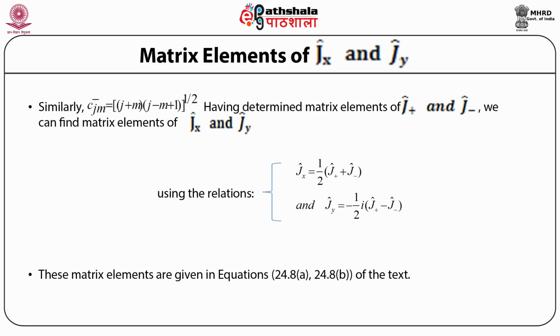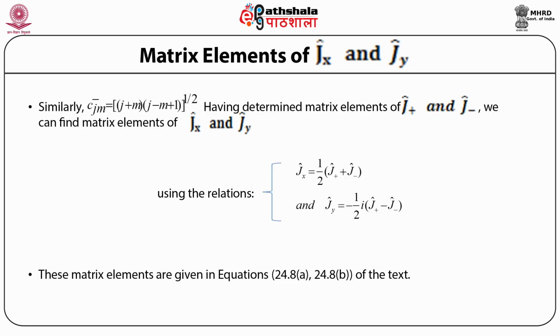Now, having determined the matrix elements of the operators J plus and J minus, we can find the matrix elements of the components of the angular momentum operator J, that is the operator Jx and the operator Jy. And using the relation between Jx and the operators J plus and J minus, we see that the operator Jx, or the x component of the angular momentum operator, is equal to half times operator J plus operator J minus.